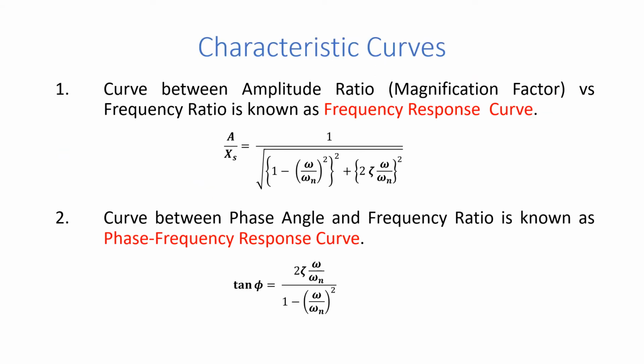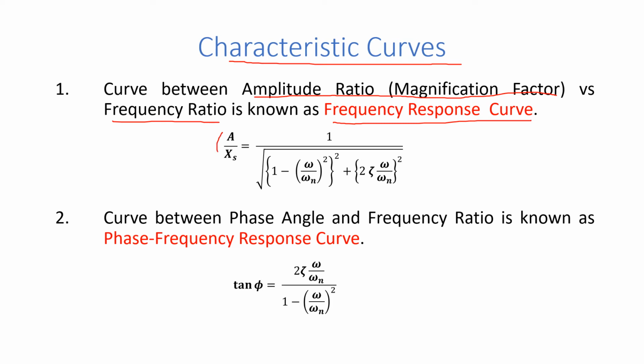Then, knowing the equations and maximum amplitude ratio, defining frequency ratio, knowing the amplitude at the resonance, we draw characteristic curves for forced vibration system. We make two curves. First is the frequency response curve, which is a curve between amplitude ratio or magnification factor versus frequency ratio.